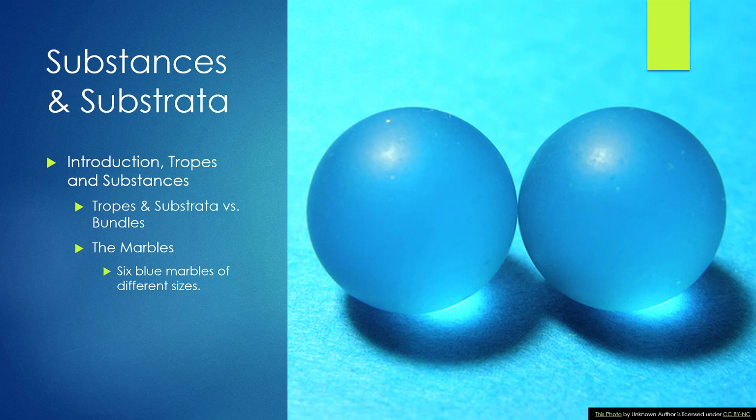Shape would also appear here as a type and a token, because there are 6 instances of sphericalness, and you'd also say there is a type of sphericalness. And of course, for each size, there is 1 instance, and of course 6 different sizes.